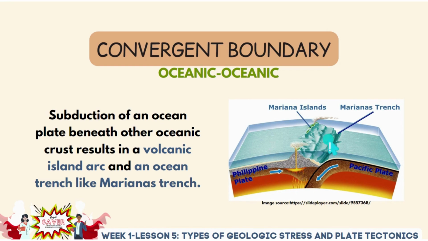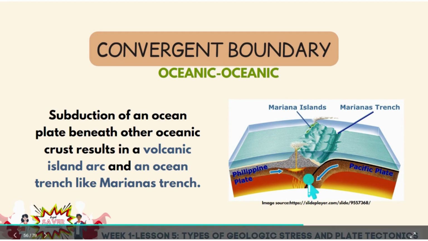At these form volcanoes na magkakatabi ay tinatawag natin na volcanic island arc. Katabi naman ng volcanic island arc ay nandoon ang trench. Yung trench ay nabuo dahil sa subduction zone. Dito sa part ng trench lumulubog yung isang oceanic plate.